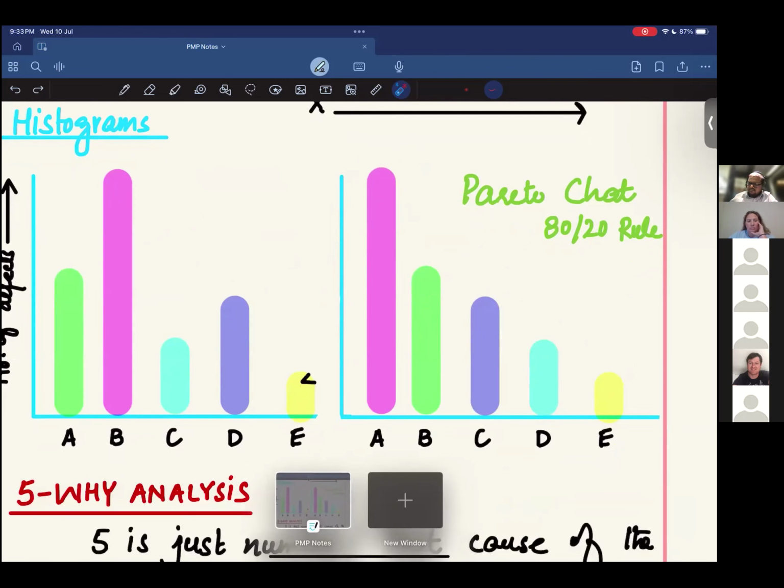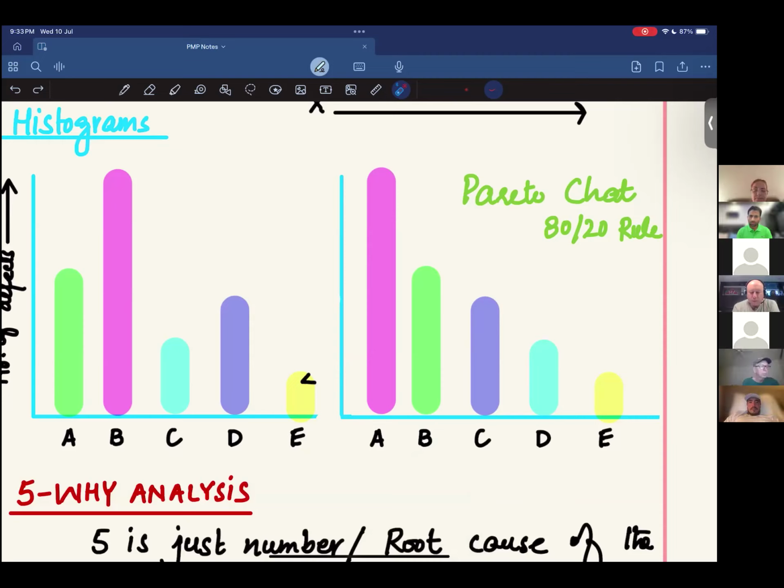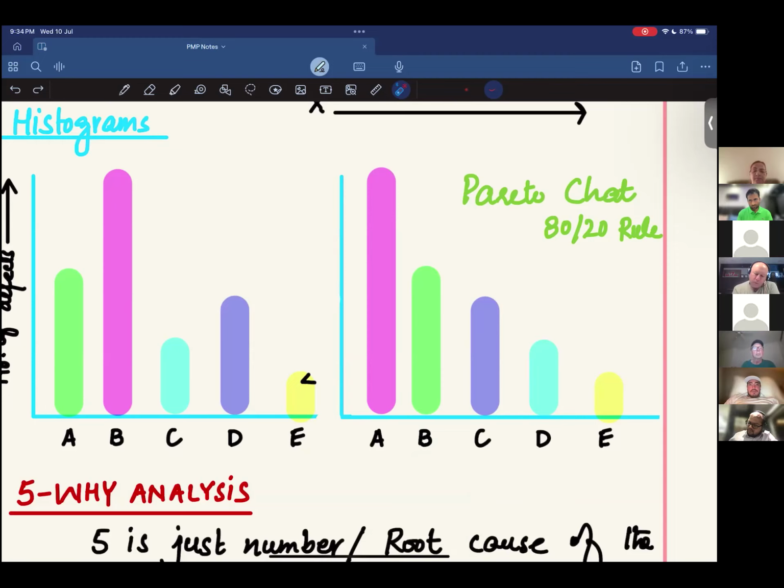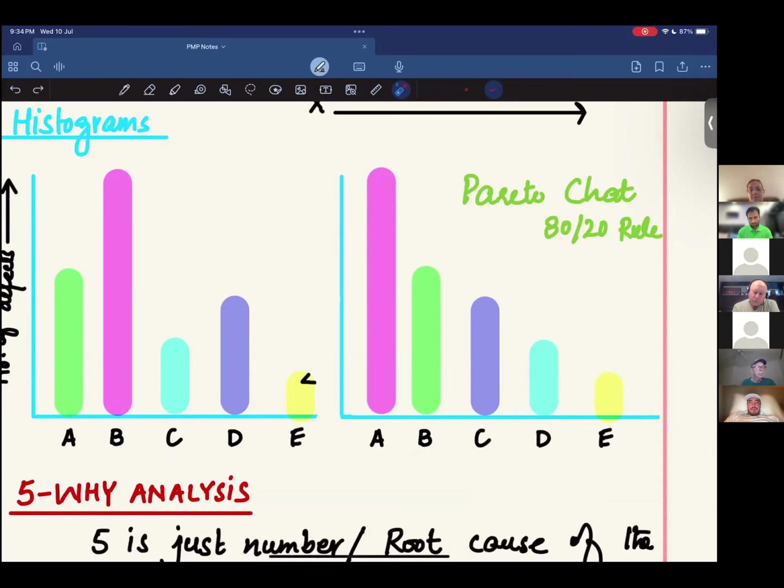One question. Yeah, go ahead. Does a Pareto chart also help in RCA? Because we know 80% of the problem is occurring from 20% of the things, right? Why I'm asking is that sometimes the questions will be tricky, because even a Pareto chart helps us within the RCA, right? I couldn't understand your question, Suhas.